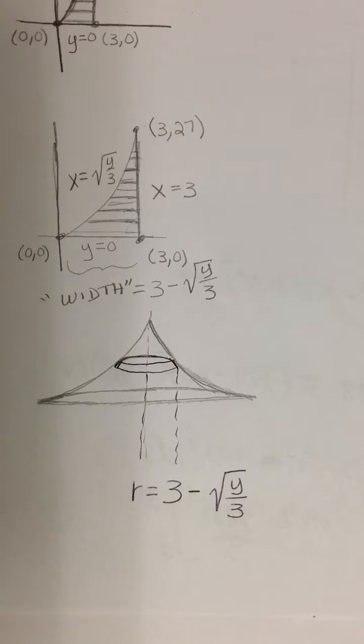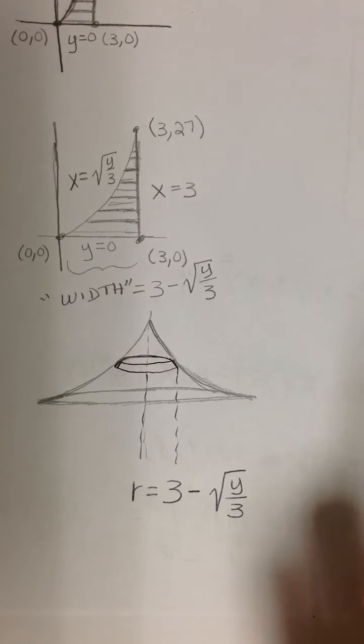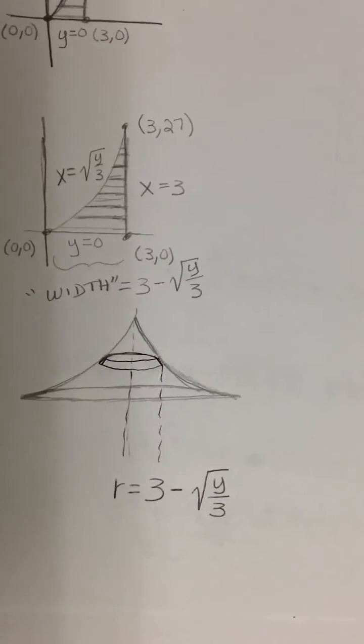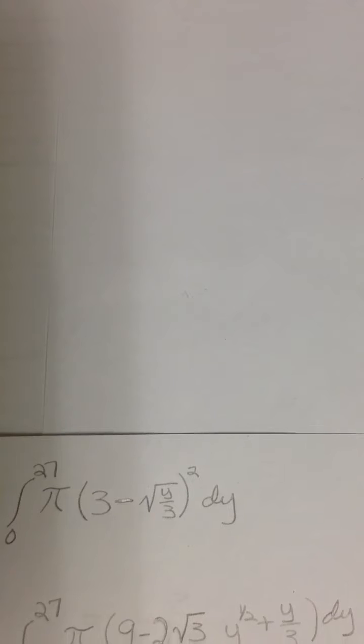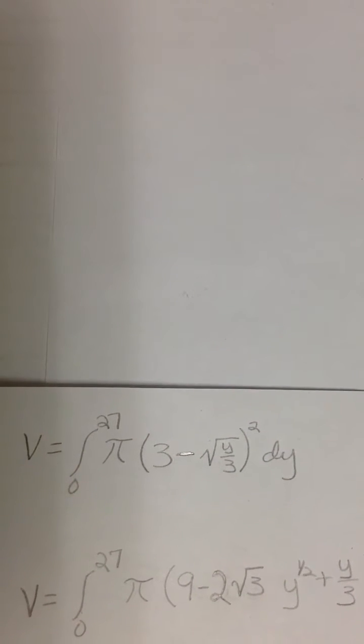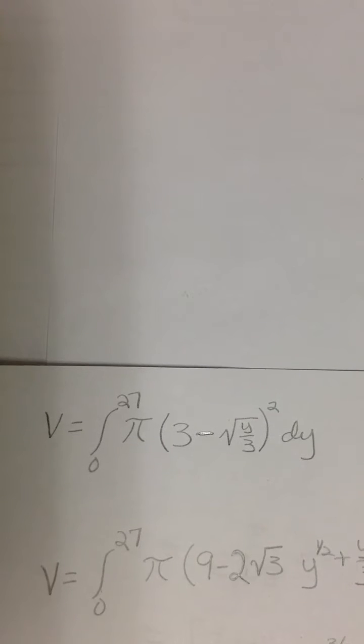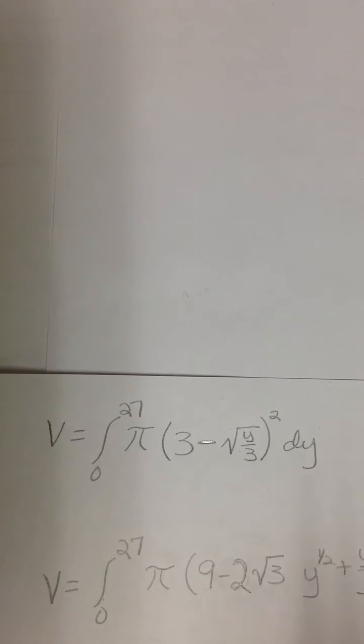Now in setting up the integration, once again we're going from y is equal to 0 to y is equal to 27. For the integral itself, in the determination of the volume about the line x is equal to 3, we are integrating from 0 to 27, and the square of the radius is that of 3 minus the square root of y thirds.